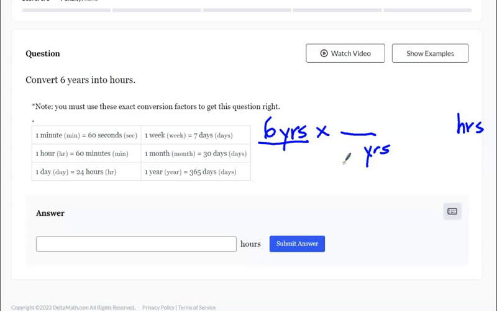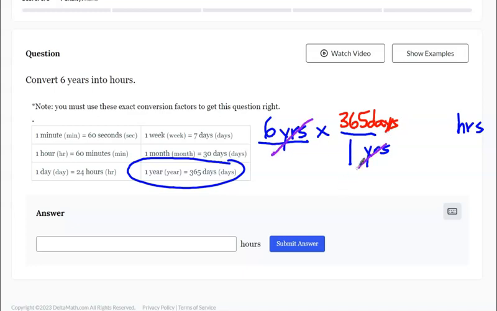So what fact do we know about years? We know about years right here on the chart is 365 days. Well, technically it's 365 and a quarter, but I guess they're rounding. So we're going to say 365 days equals 1 year. Now I can cancel out the word years.